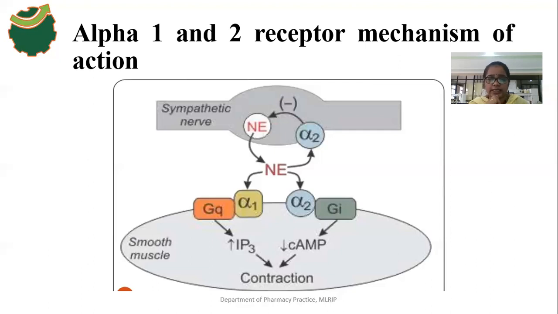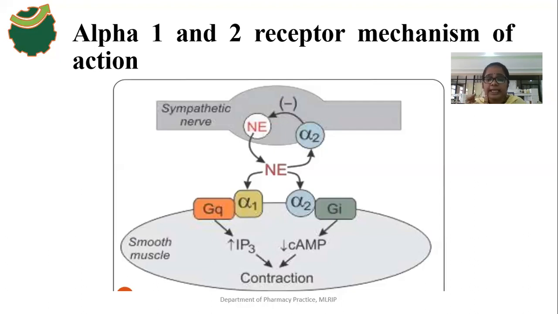Why? Note down one statement here, and listen carefully. If the cyclic AMP levels increase in cardiac muscles, it produces the contraction effect.